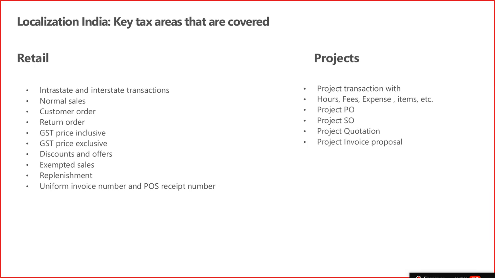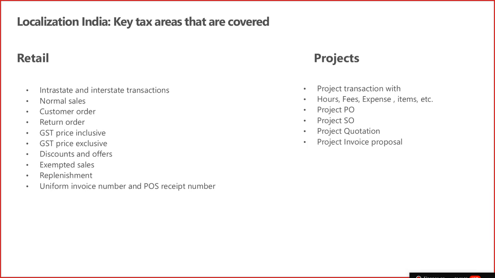Some of the key features for the retail which we have provided, which you can see, and I think probably you have used it. So retail segment is also localized. A few features are under consideration, like customer GST number capturing through a POS. So those important features are under consideration and in the pipeline as well.